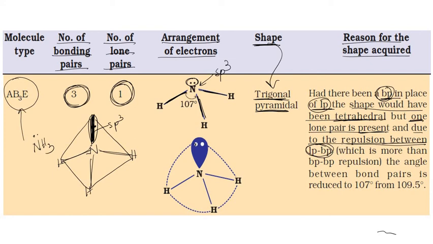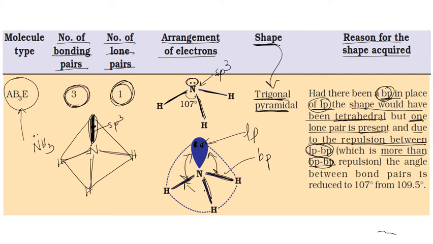So this is the lone pair, you can see in this diagram here, this is the lone pair and this is the bond pair. Okay, it will undergo repulsion here as well as here. So the repulsion between lone pair and bond pair is more than bond pair and bond pair. Now this is bond pair, okay, and this is bond pair.